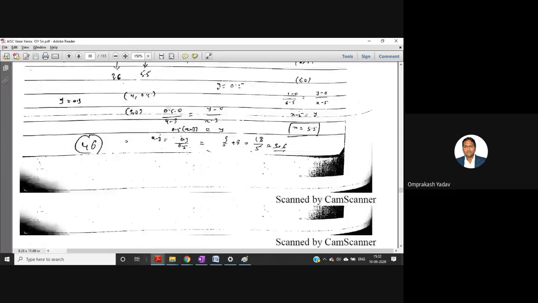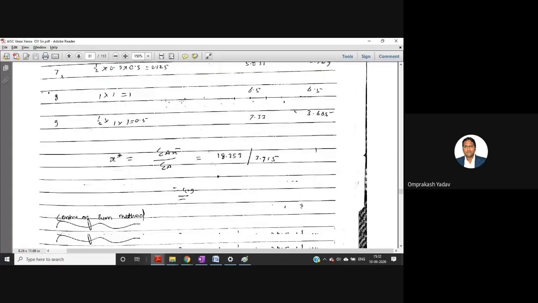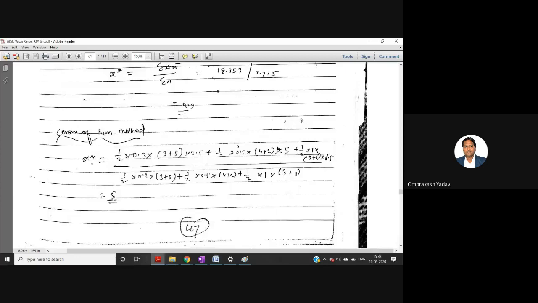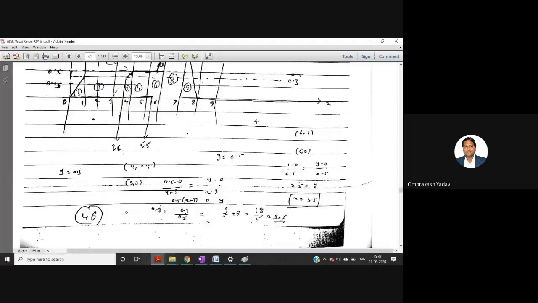What will be the x bar? 1, 2, 3, 4 divided by 2, 2, right? So x bar will be 5, from the origin it's 5. So if we calculate, 1 by 2 into 0.5 into 4 plus 2 into 5. 4 plus 2, let me check. 1, 2, 3, 4. Yeah, 4 plus 2.